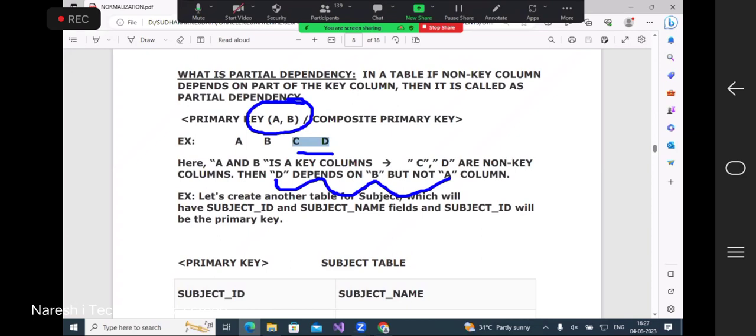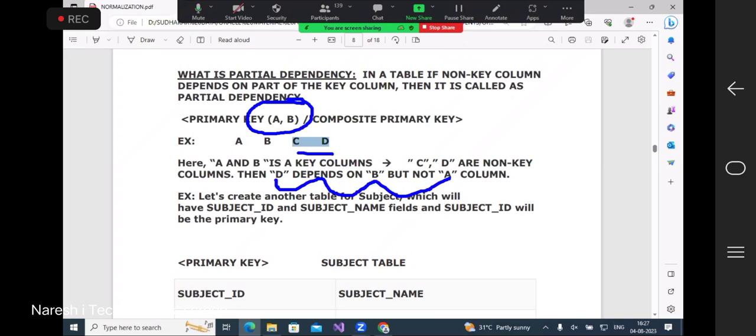If in a family children have only mother, there is no father, or only father, there is no mother, then it is called partially dependency. Simple logic. Now don't confuse. What does partial dependence mean? Any one parent is there. If father is there, there is no mother. Mother is there, but there is no father. So that means children depend on any one person.